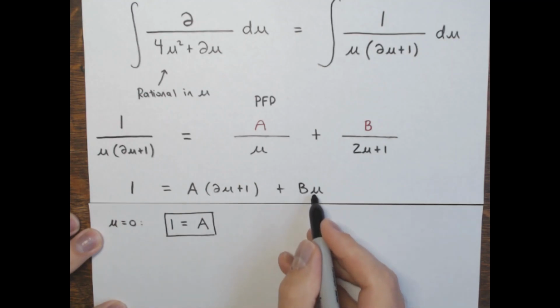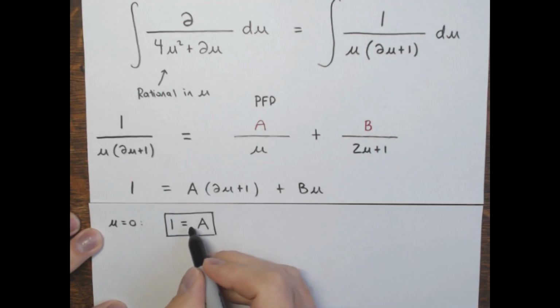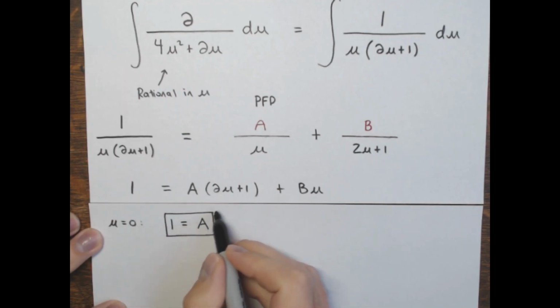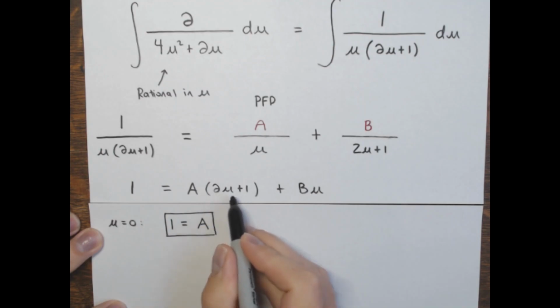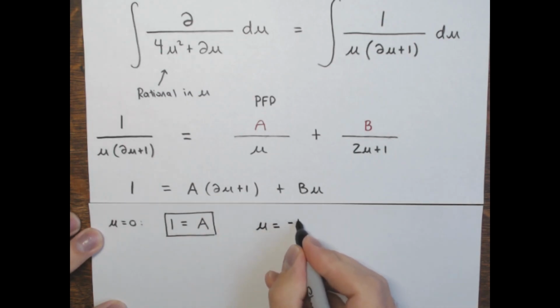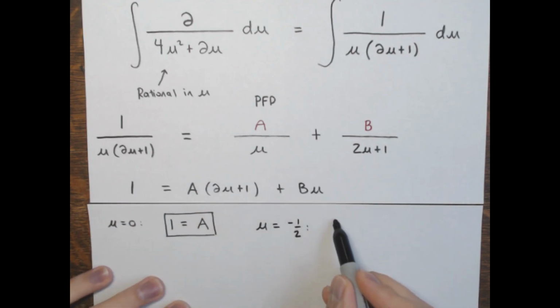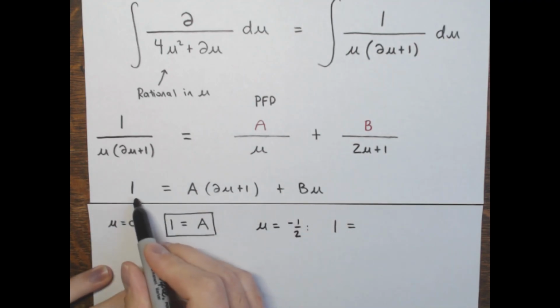And if I want to find b, I need to replace u with negative 1/2. I could plug anything I want, right? I know that a is 1 now. I could plug in something else if I wanted, but if I want to get rid of this 2u plus 1 factor, make it 0, let u be negative 1/2. And if that's the case, again, you got 1 on the left all the time.